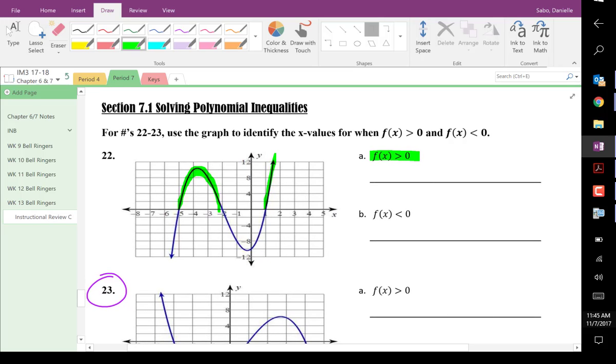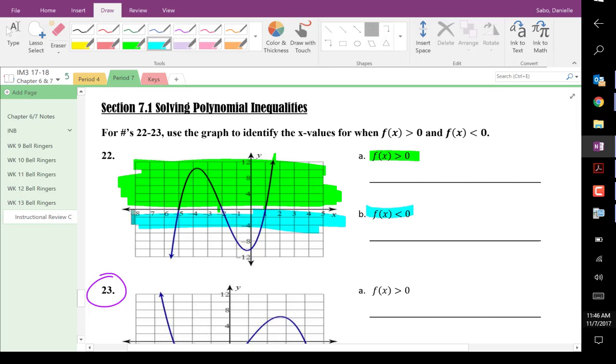Above 0 is those green pieces on the top. Or if you want to highlight the whole top part just so that you remember, that's fine too. I'm just trying to make sure you understand that the top part is your green part, greater than 0, and the bottom part is that lower piece.